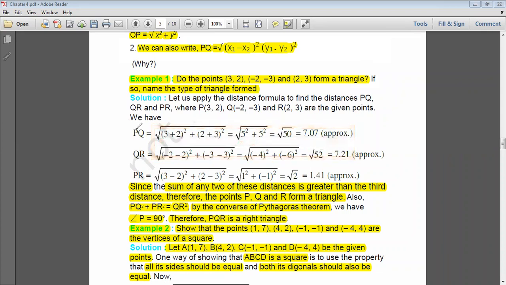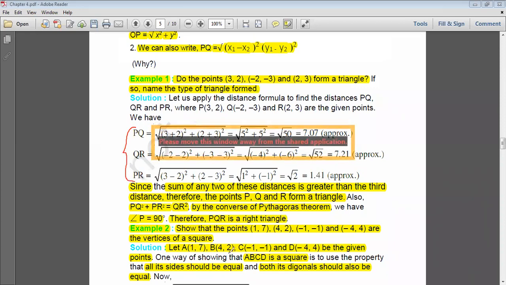In the same manner that we have seen in the previous example, we are going to find the distance between each of these points, which means adjacent points. We have named them, so we will find the distances AB, then BC, then CD, and finally AD.